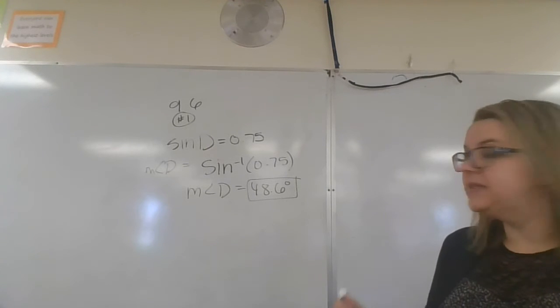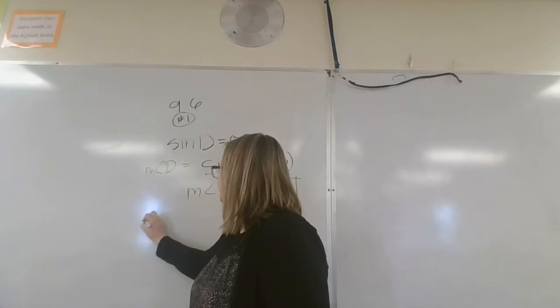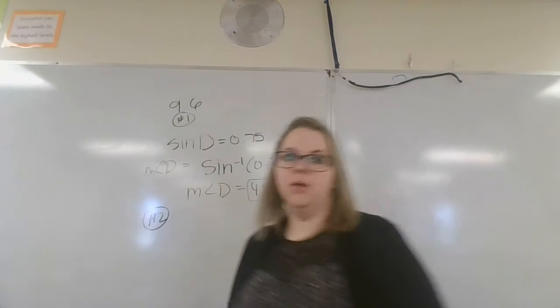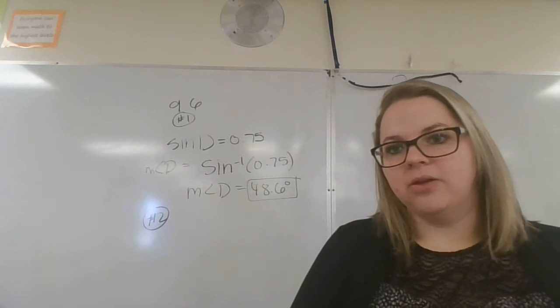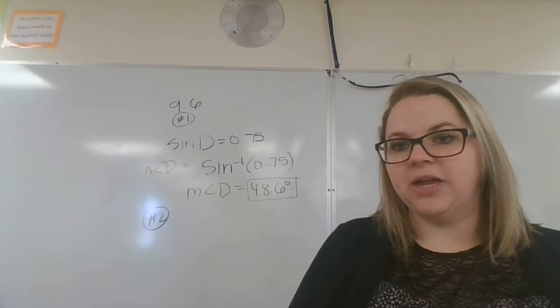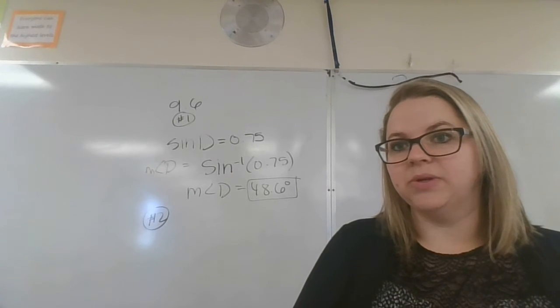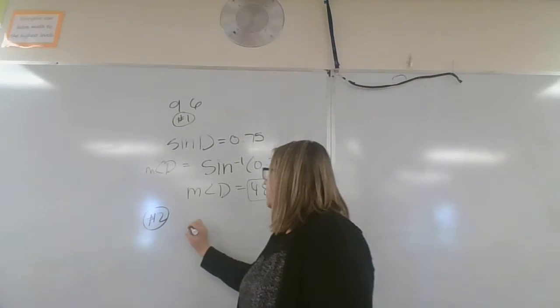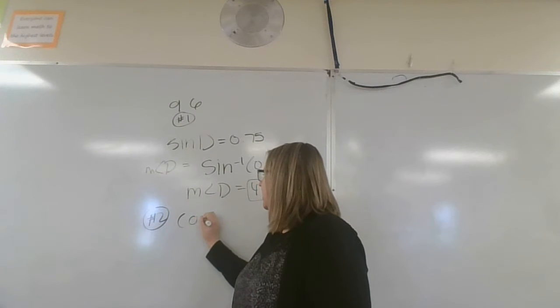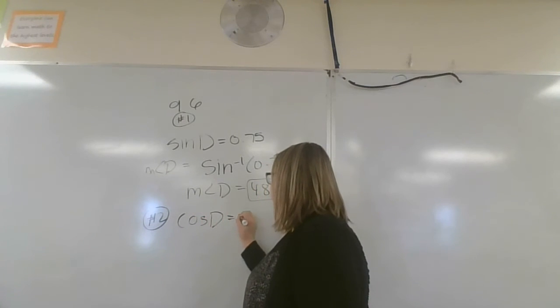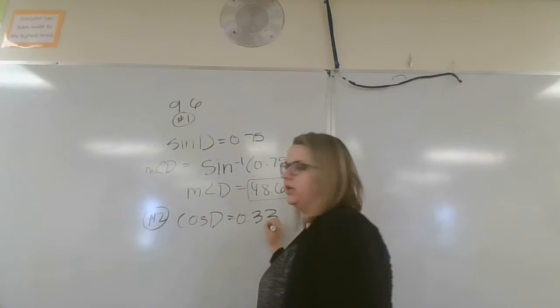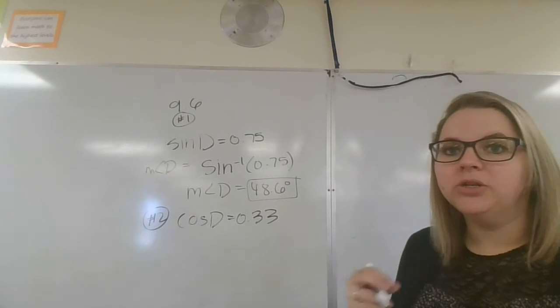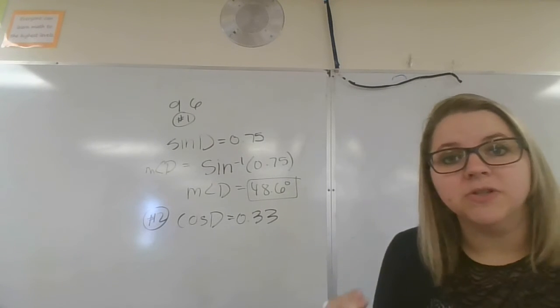So same thing with number 2. Number 2 says, let angle D be an acute angle such that cosine of D equals 0.33. So we have cosine of D equals 0.33. So we're going to do the same thing. I'm going to do the inverse of cosine.